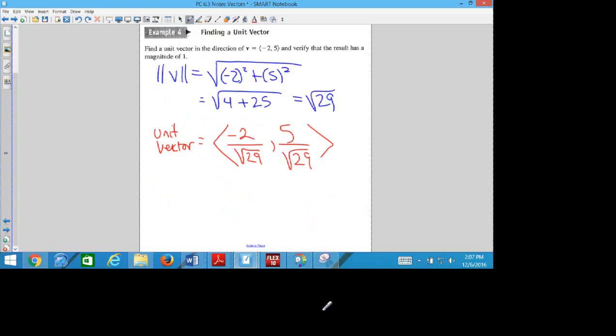And then the last thing is they say verify that that has a magnitude of 1. So we're going to use the magnitude formula on this. We will do negative 2 over square root 29 squared plus 5 over square root 29 squared.